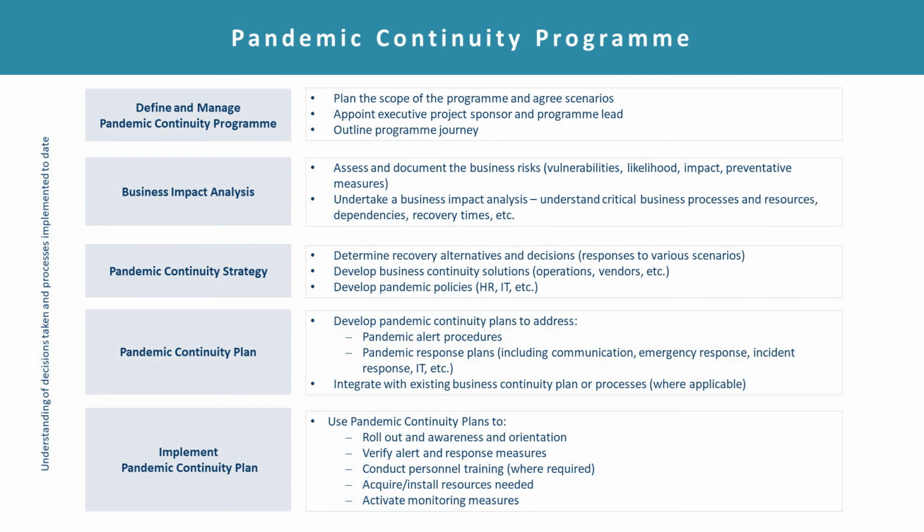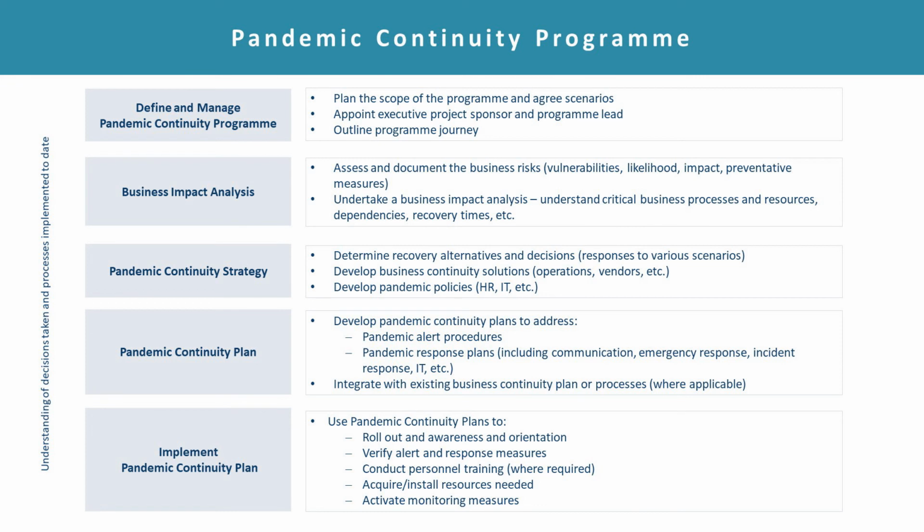Once the strategy is defined, the actual continuity plan is put in place. And that continuity plan will address pandemic alert procedures. This is important for us to know how everything is going to carry out in the event of that pandemic.